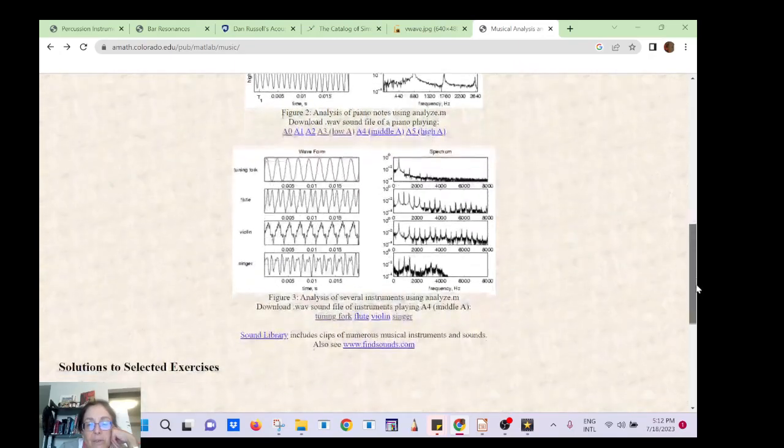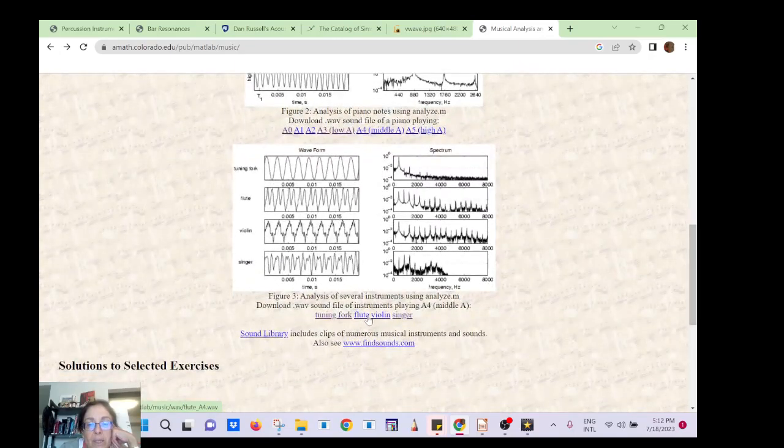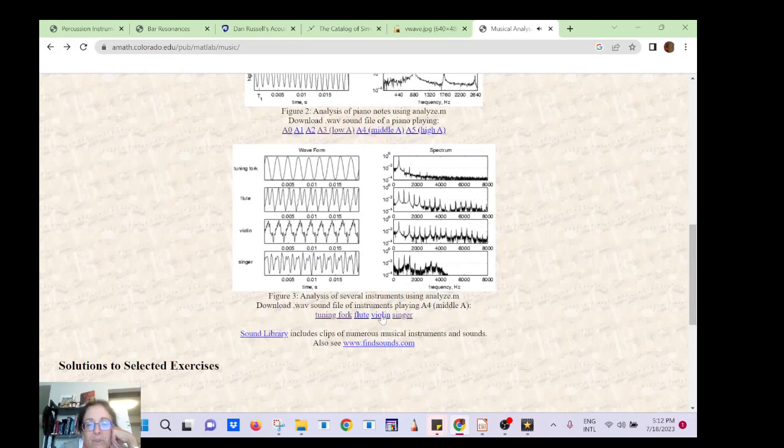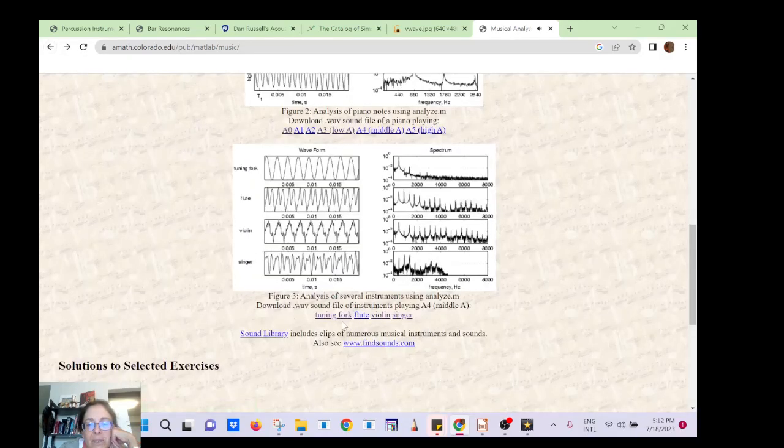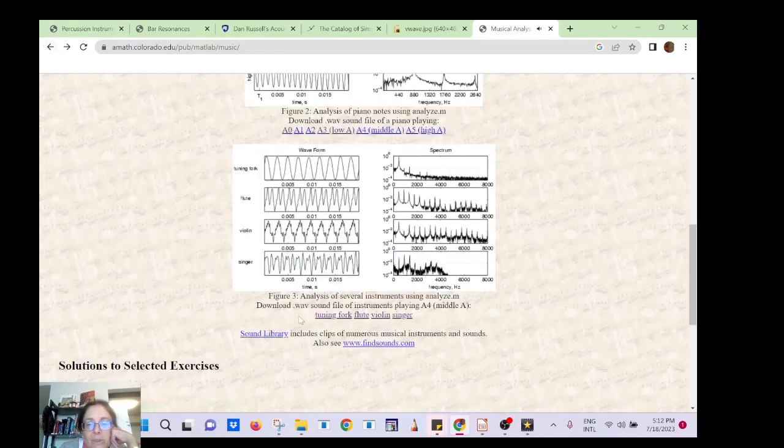Of course, you can play with the website here. You can play the middle A. You can do the violin with the middle A. You can do the flute with the middle A. And of course the tuning fork, very boring.